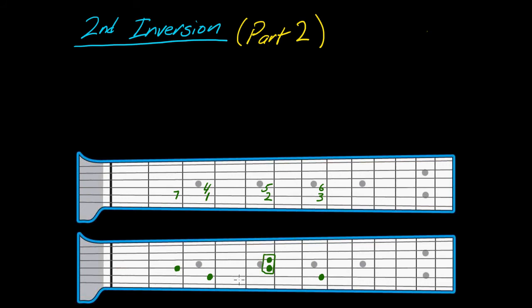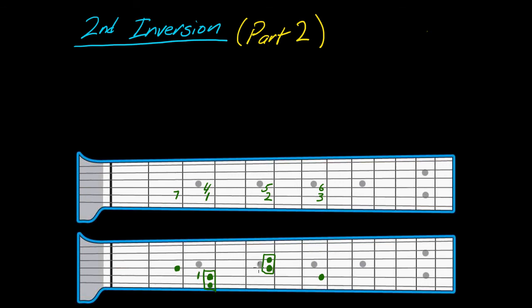Well, this new way, you go to the root, which is here, and you go up 1 string and play these 2 together. And the reason why this is also the second inversion, because these are octaves of one another. Okay, so let me show you. This is number 1. It's the number 1 note.